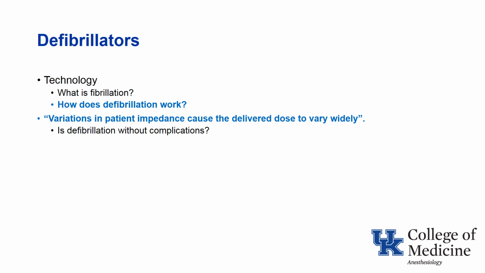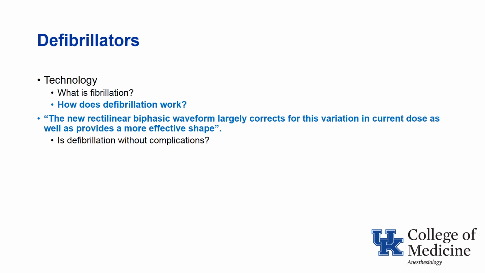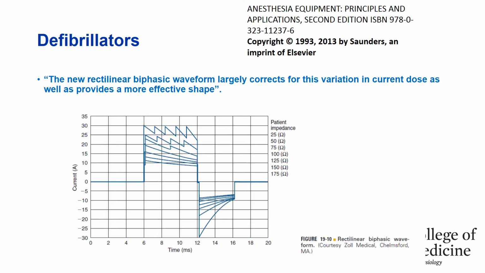The actual dose of electricity which is delivered is actually quite variable. Extracted from that chapter is the statement that the new rectilinear biphasic waveform largely corrects for this variation in current dose, as well as provides a more effective shape. This is the shape.